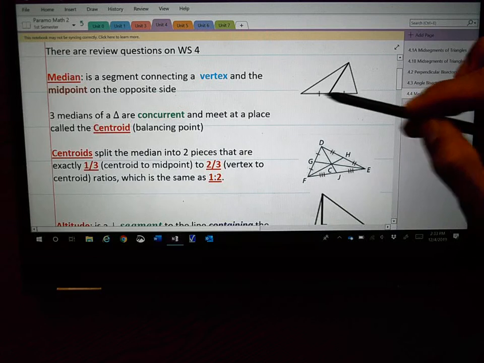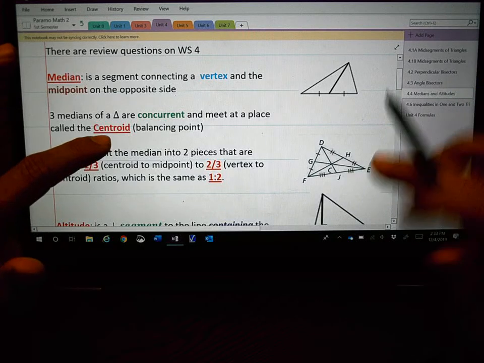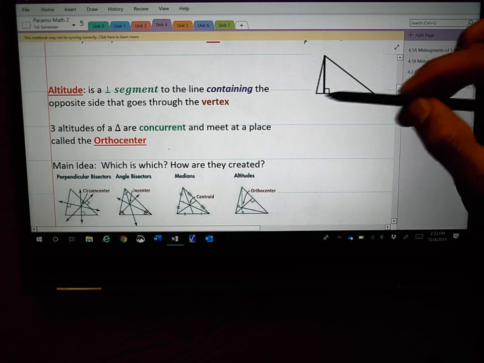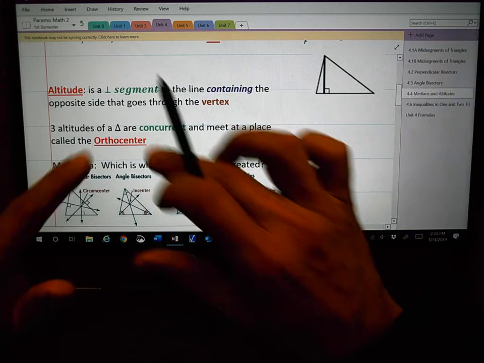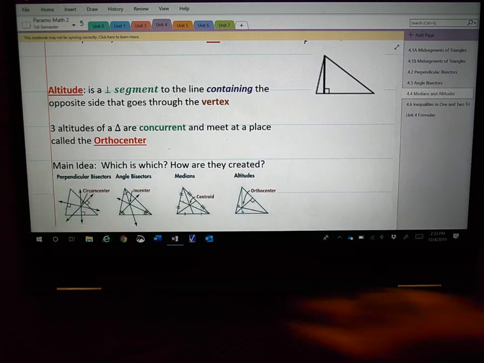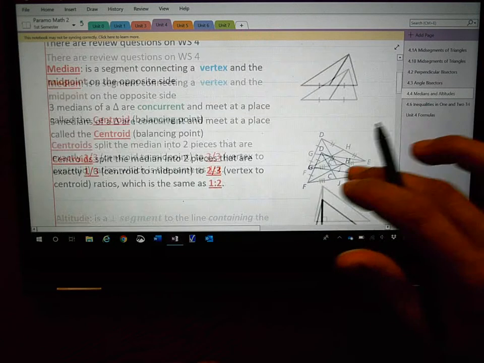These would be equidistant. That's a median. Medians cross at a point called the centroid. Altitudes are perpendicular to one side, and they all cross at a place called the orthocenter. This one is not a main idea. It was just another name of another place that is concurrent with each other.